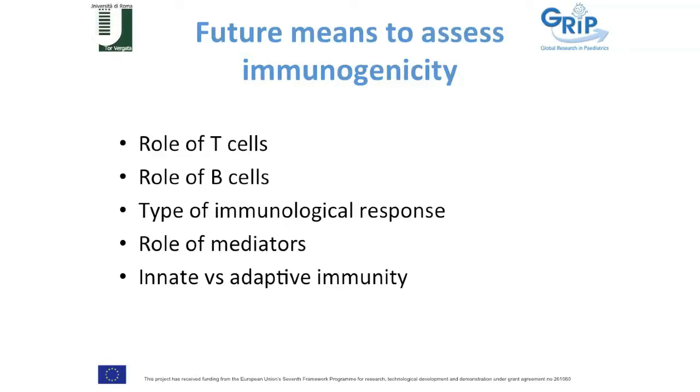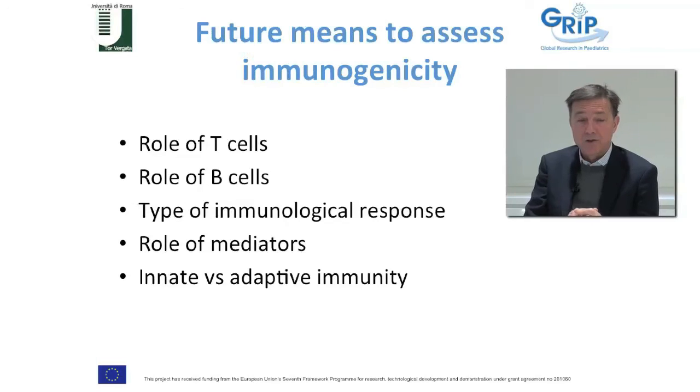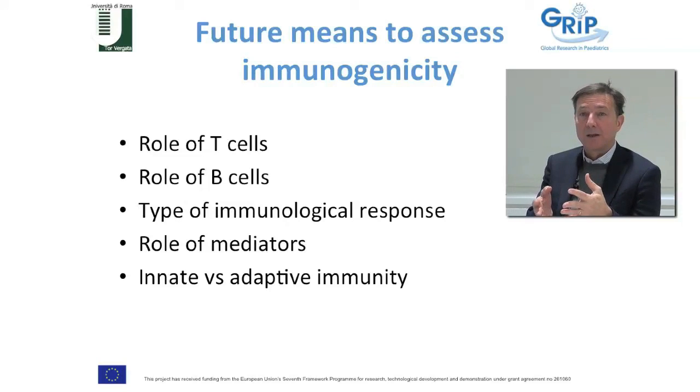We are much less confident and much less familiar with the role of T and B cells as populations. You know that there are several subpopulations depending on these two lineages, and that they can interact together to produce some effects. For example, we can have no antibody titers detectable in the sera, but we can have a prompt response when we give a booster dose, for example, in a child or an individual that has been primed with a vaccine.